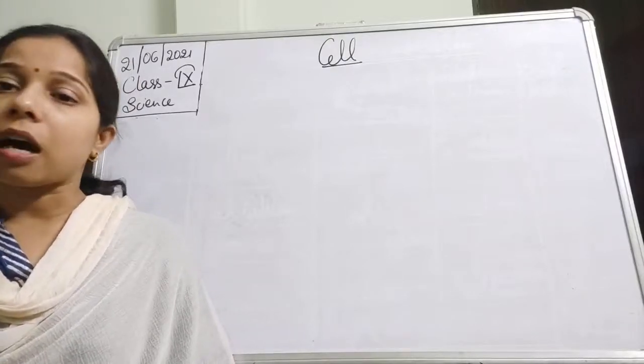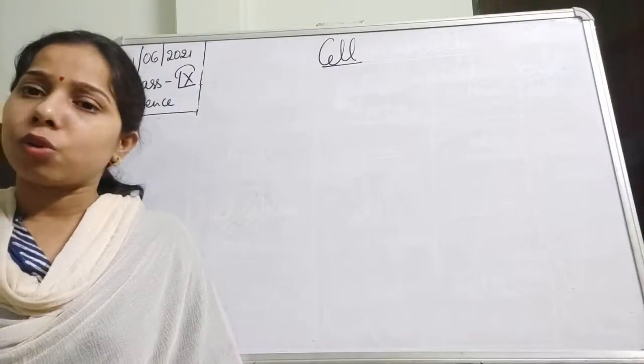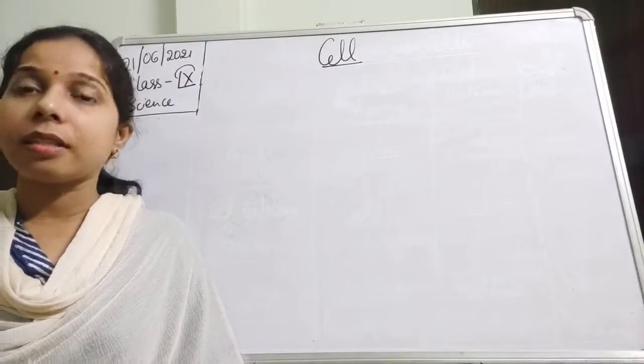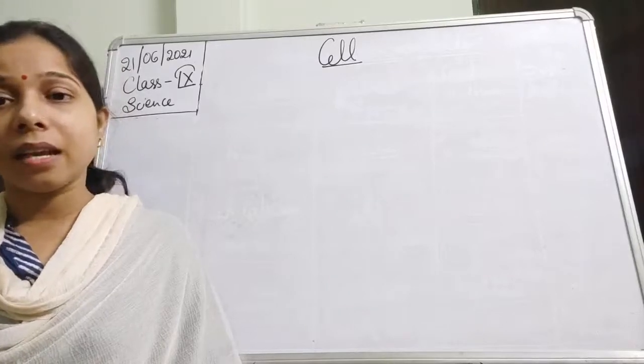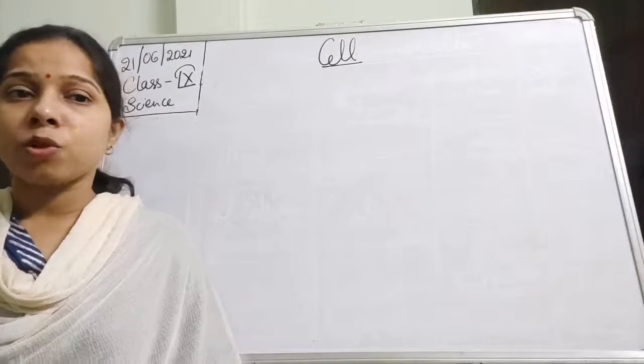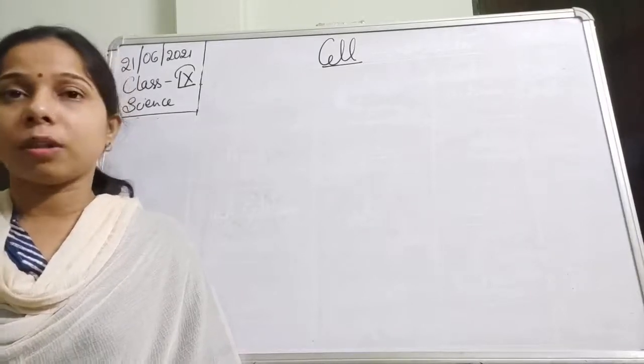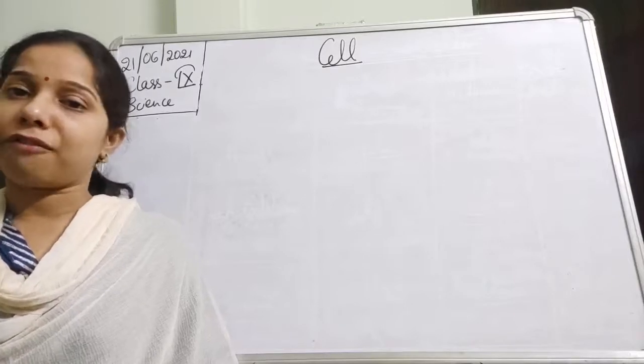Now the question asks, what is the function of the nucleus student? The nucleus controls all the metabolic activities that are happening inside the cell. That is why it is called the brain of the cell. So if the nucleus dies, then the cytoplasm or the cell becomes dry, and finally it will die.